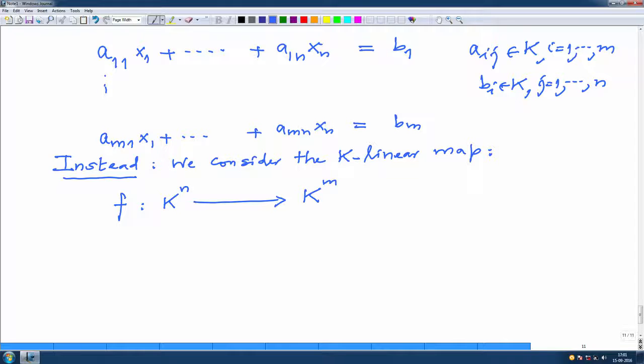Instead I will write n-tuples and m-tuples. But I will need to use one of them at least. So I will say that e1 to en belong to Kn. This is the standard K basis of Kn.